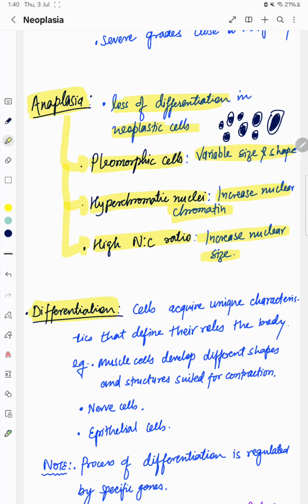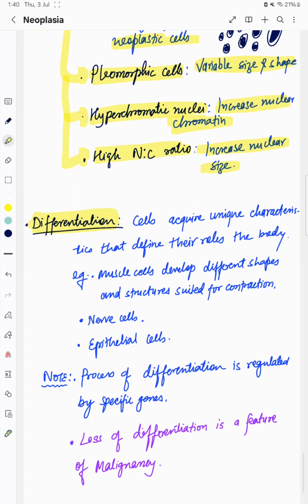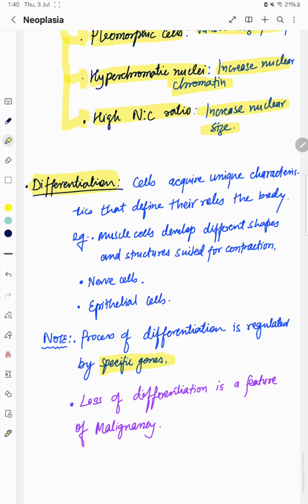Nerve cells develop a special structure to serve their function, and likewise epithelial cells develop a special structure and various shapes to cover the surface epithelia. The process of differentiation is regulated by specific genes, and the loss of differentiation, which is known as anaplasia, is a feature of malignancy.